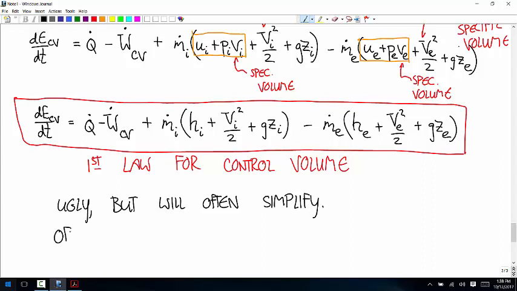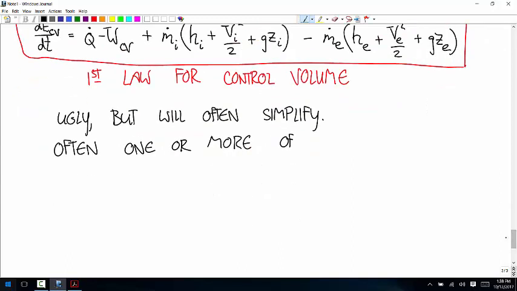So often one or more of the change or the rate of work done by the control volume, or the rate of energy added through heat to the control volume, or the kinetic energy, or the potential energy, is 0.